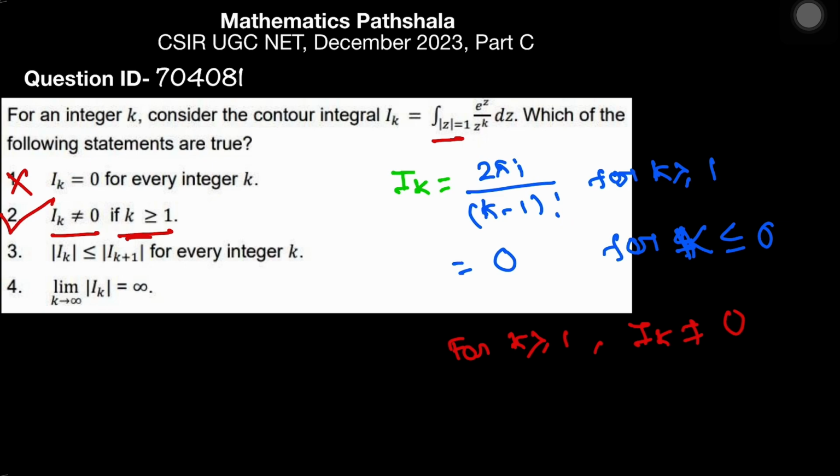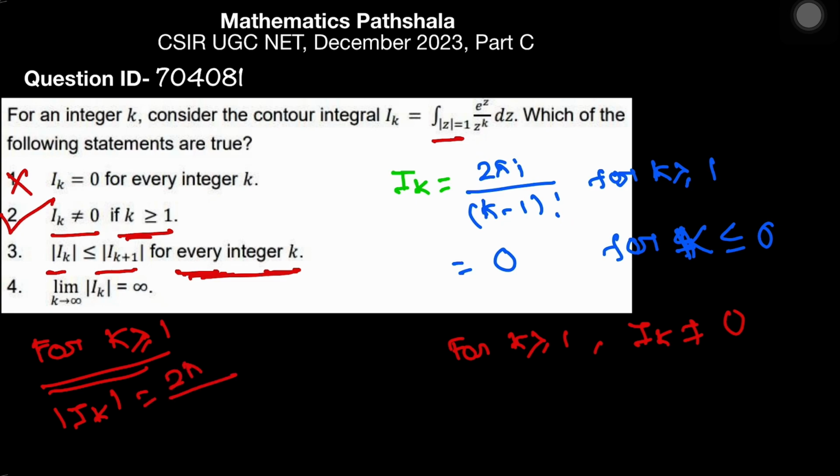In the third option it is said that |I_k| is less than or equal to |I_(k+1)| for every integer k. For k greater than or equal to 1, |I_k| is 2π by (k minus 1) factorial, and |I_(k+1)| is 2π by k factorial.